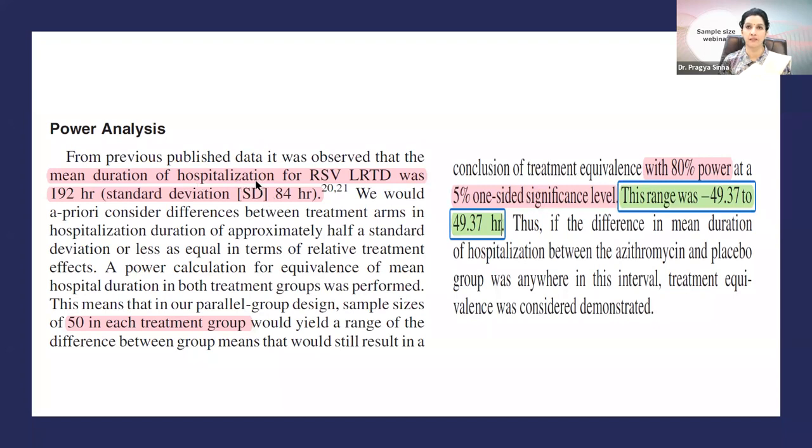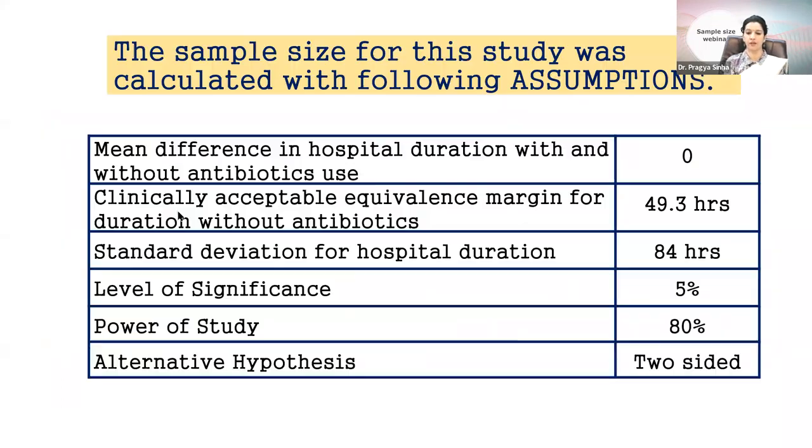And the margin they have kept as 49.3. That means even if the mean duration was more than 49 hours above or below, they will keep it as an equivalence. And with 80% power and 5% alpha level.